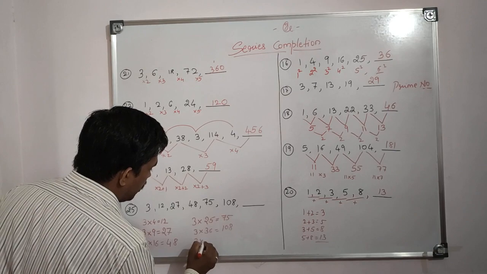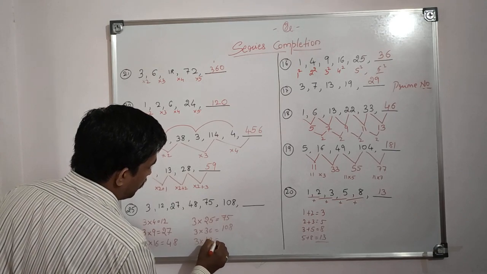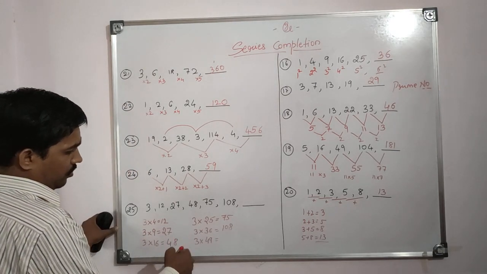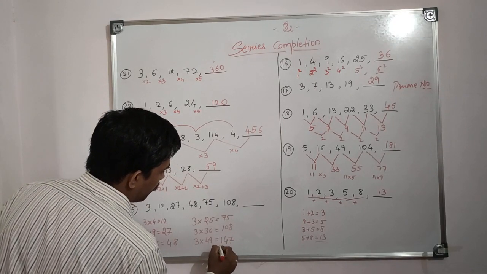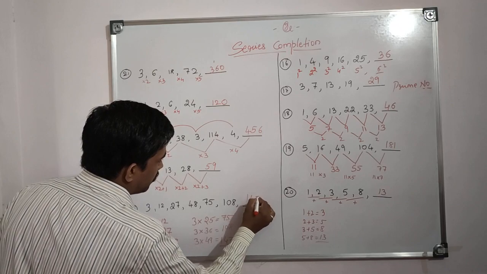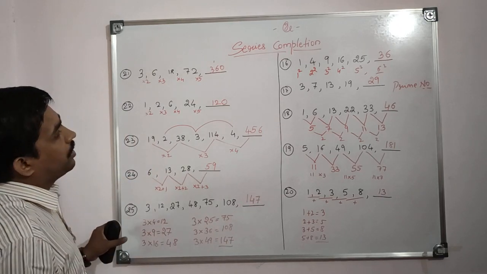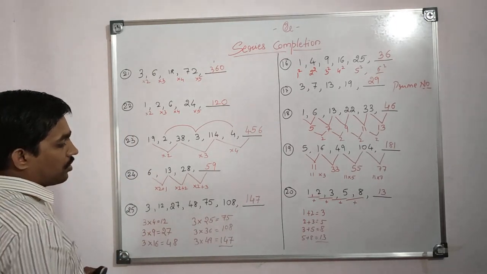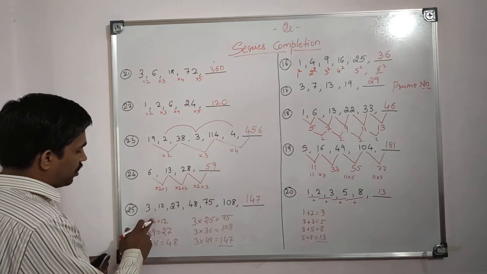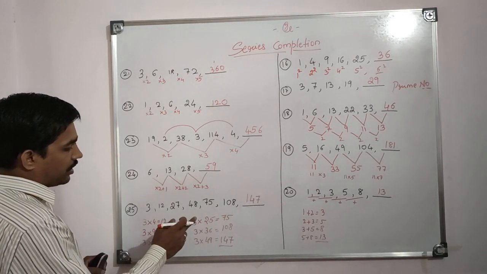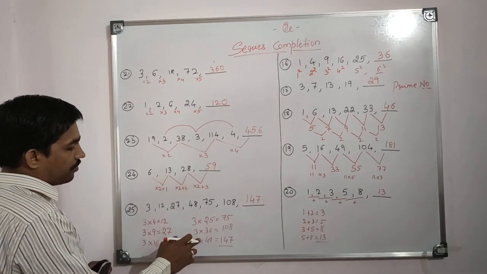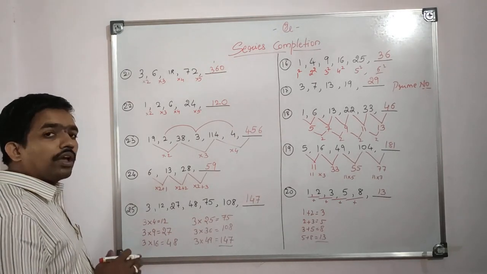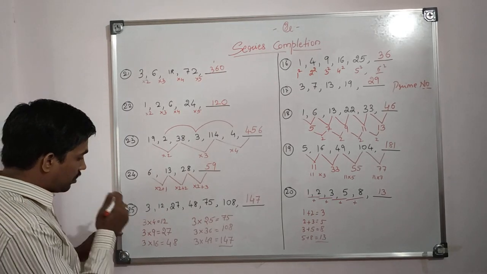And then 3 into 49. What is 3 into 49? 147. Your answer will be 147. So why have I taken 4, 9, 16, 25, 36, 49? These are all consecutive square numbers.